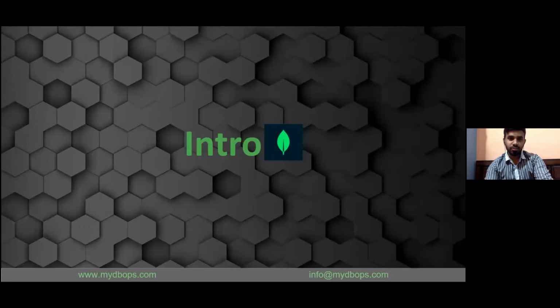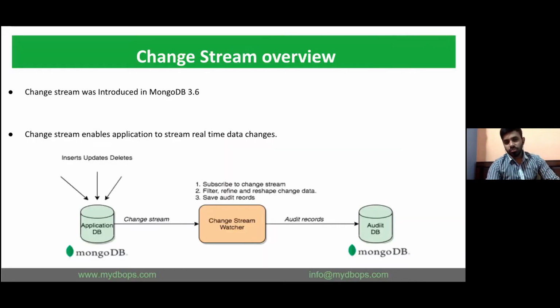So let us get into the first slide. Change stream was actually introduced in MongoDB 3.6. If you ask me whether this functionality was available before, I would say yes, but it required a lot of development effort and a complex algorithm, and they used to fetch this information from the oplog.